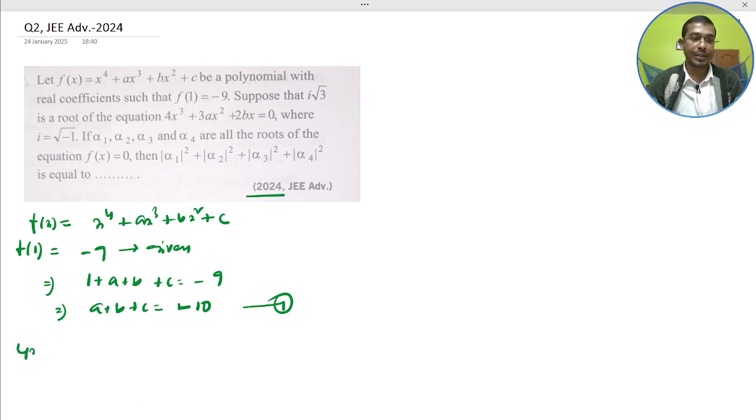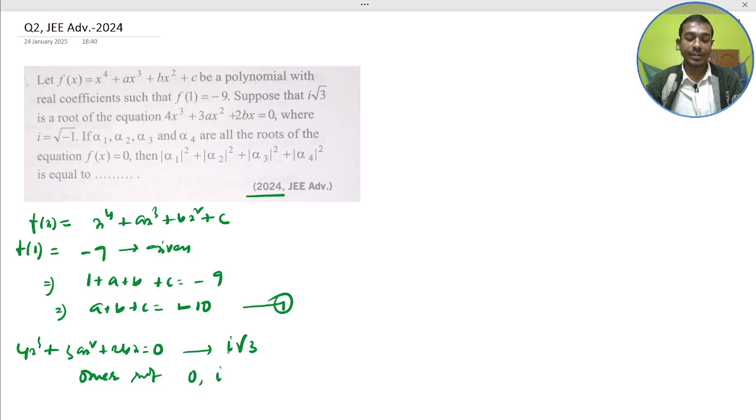Another cubic equation, 4x cube plus 3ax square plus 2bx equal to 0, has a root i root 3. So what would the other root be? By observation, 0 is one root, and i root 3 is one root, which means its conjugate is another root.